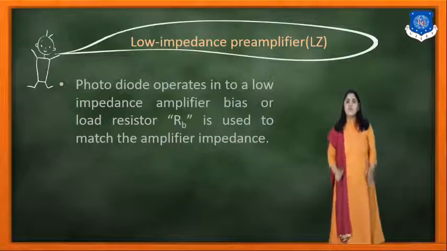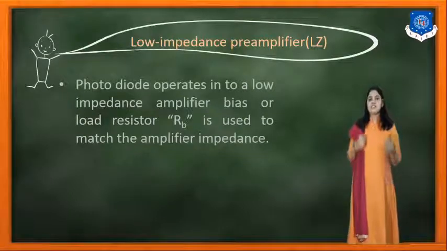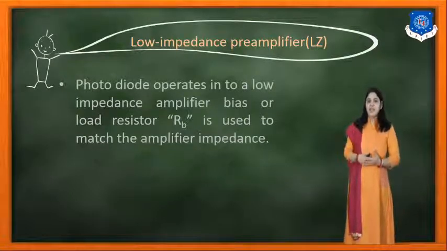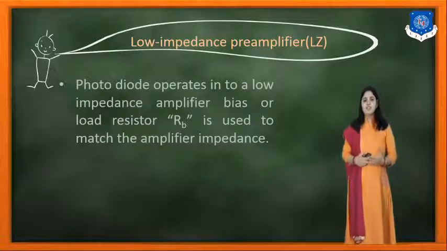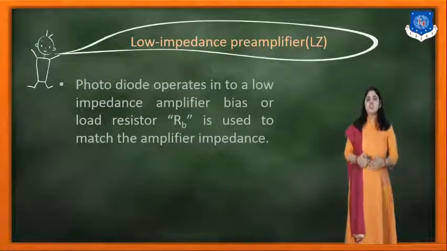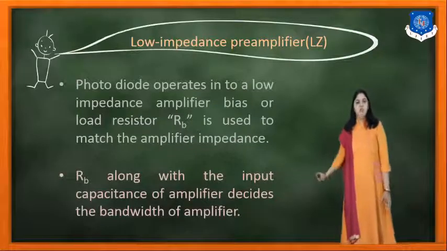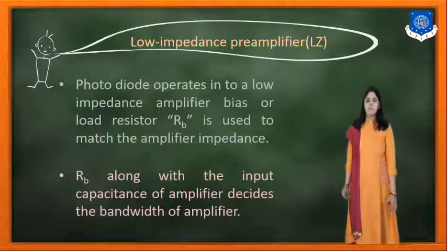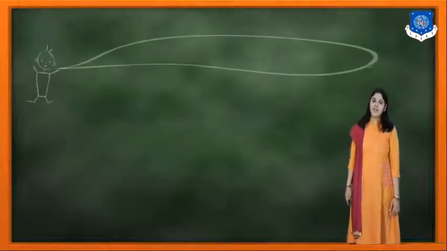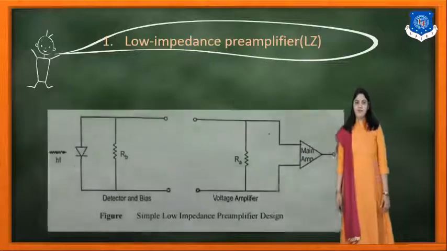The low impedance preamplifier is denoted by LZ. In this, the photodiode operates with a low impedance amplifier, and a bias or load resistor RB is used to match the amplifier impedance. RB, along with the input capacitance of the amplifier, decides the bandwidth of the amplifier.